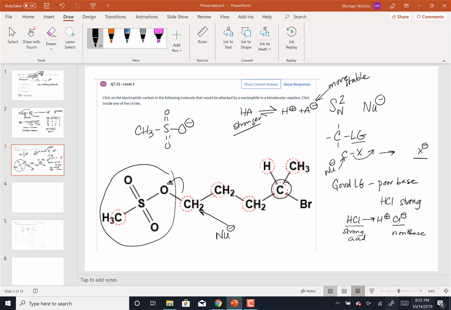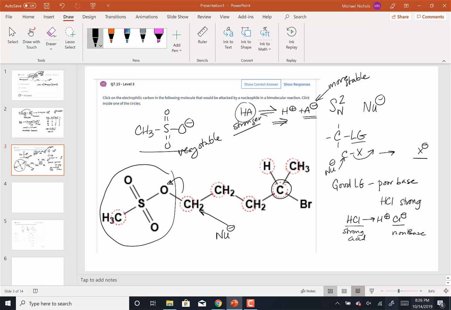And that's not a Le Chatelier issue, because Le Chatelier involves changing concentrations. In this case, I'm changing stability. So the more stable you make A minus, the more the equilibrium shifts, the more dissociation you get, and the stronger the acid. So if you take a look at this molecule right here, this, I would say, is a very stable anion. Can you guess why?